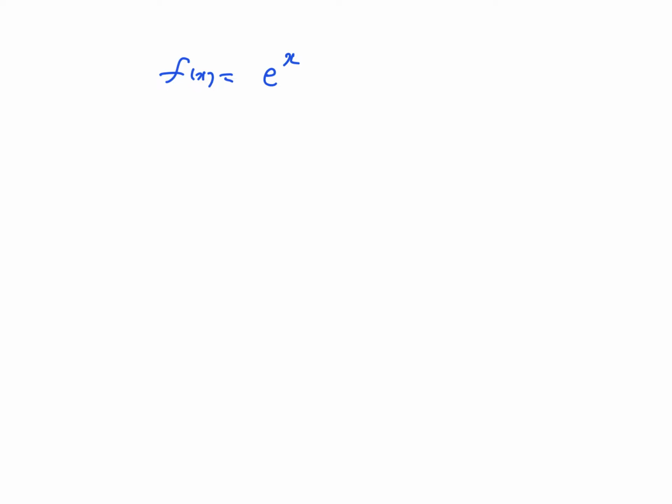That you memorized. But since we are going to derive the derivative from the first principle, exponential x plus delta minus exponential x. So we can put exponential x as a common factor, exponential delta minus 1.